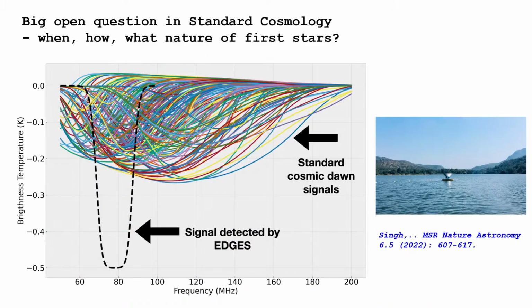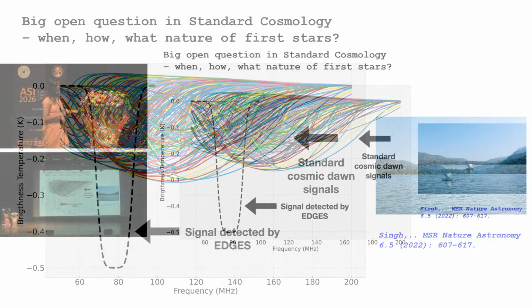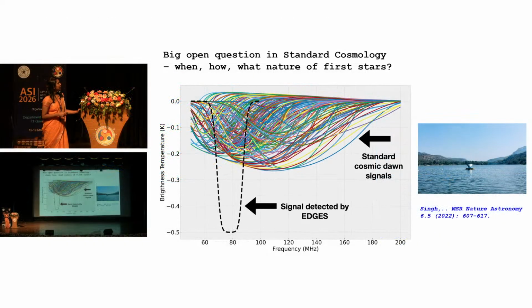In 2018, an experiment called EDGES from the US reported the detection of an extremely anomalous signal from this cosmic dawn, which is shown in the black dashed line. However, our group has since then refuted this measurement with the SARAS-3 measurement.